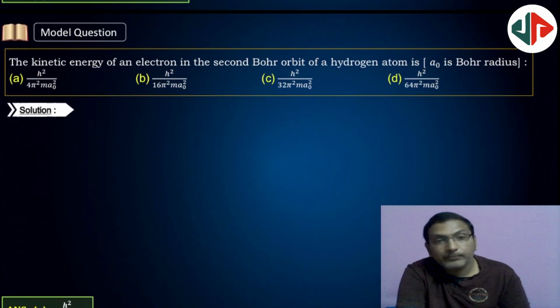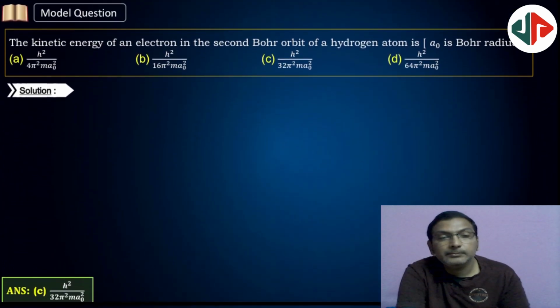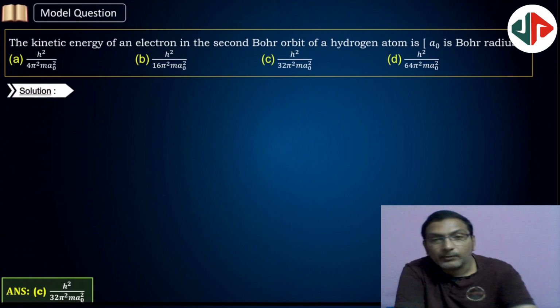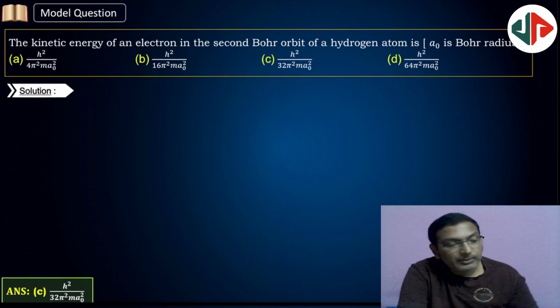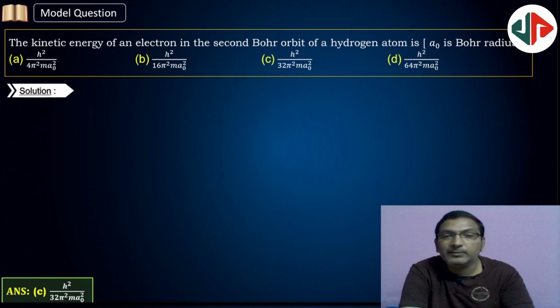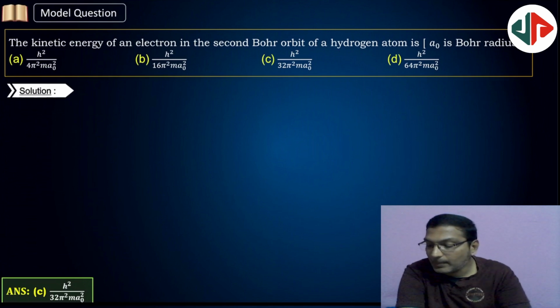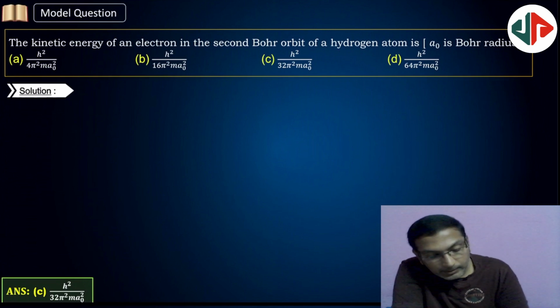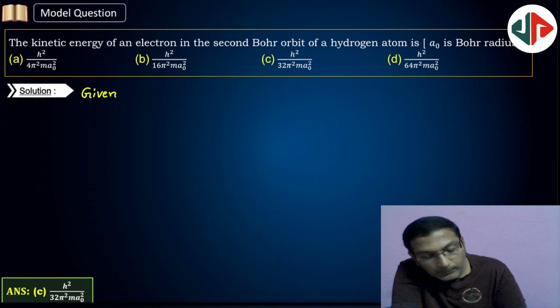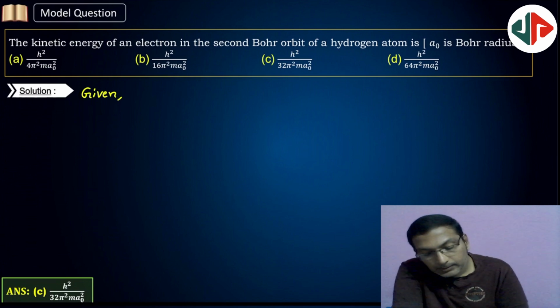Next question. Simple question only. Kinetic energy calculation. The kinetic energy of an electron in the second Bohr orbit of hydrogen atom is. Here, the second Bohr orbit is given, that is n equal to 2.